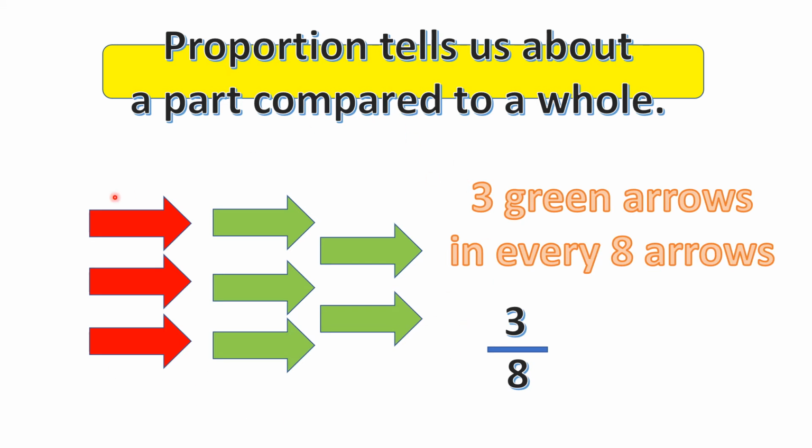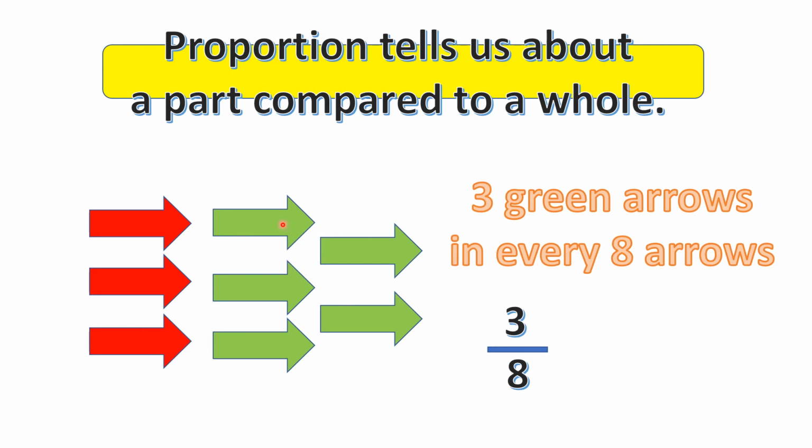How many arrows are there in total? There are 8 arrows in total, and out of the 8 arrows, 3 are red. So the proportion of red arrows would be written like this: 3/8. The 3 indicates the 3 red arrows and the 8 indicates the whole, because the whole thing has 8 arrows.